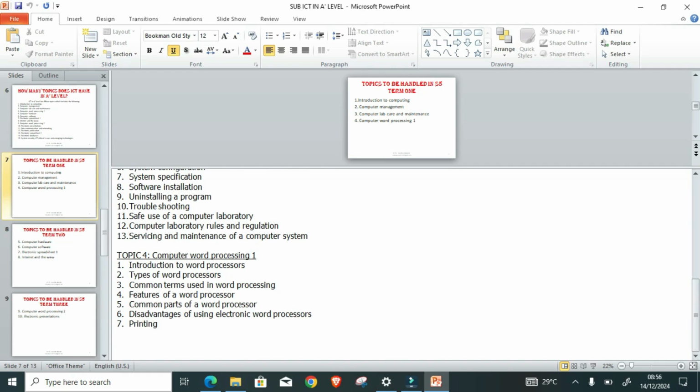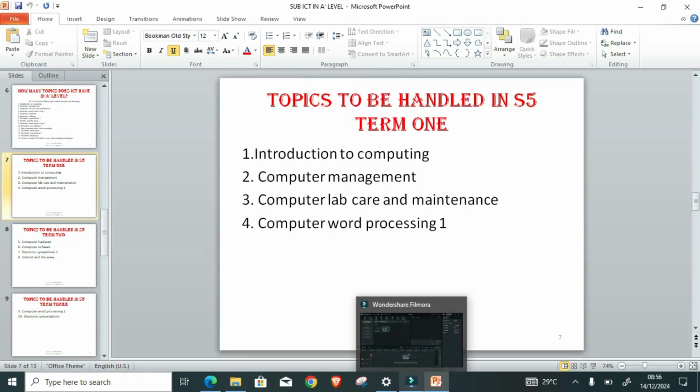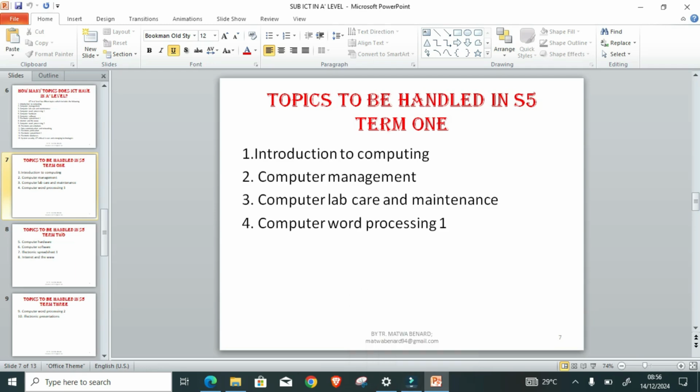So those are the 4 topics and the subtopics that are to be covered in Senior 5 Term 1.